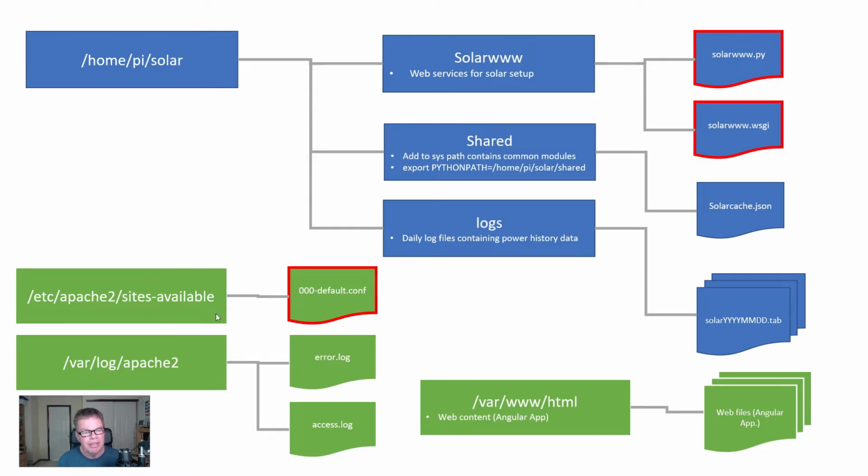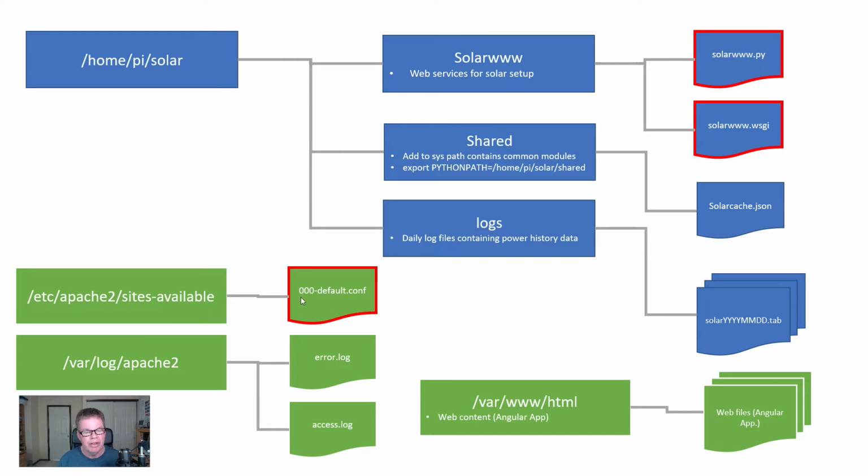The bottom half of this shows you the Apache side of things. These are the folders and the files that I'm particularly interested in for Apache. After installing Apache, these should be the default locations it gets installed to. The first one, and probably the most important one for what we're doing here, is under etc apache2 sites-available.